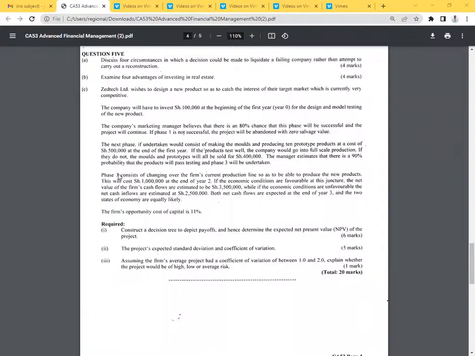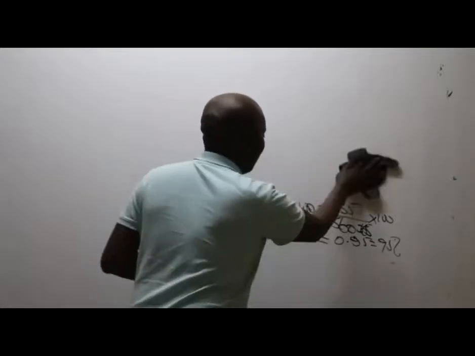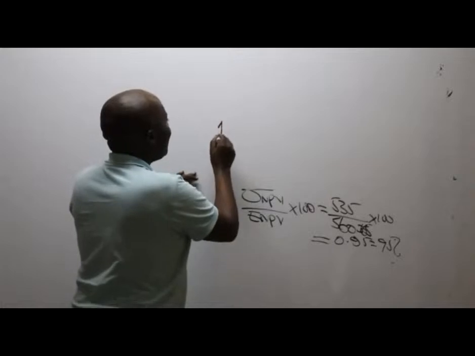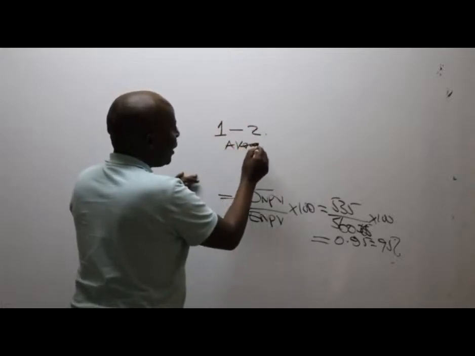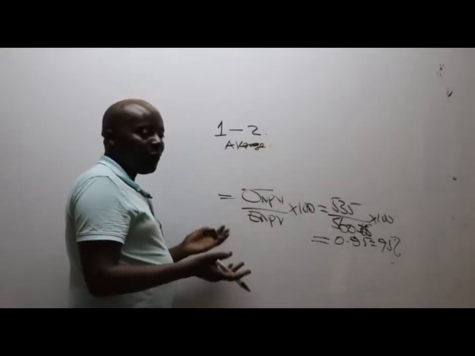Ah, great. Now, ladies and gentlemen, remember here they are giving us the average CV. They're telling us that if the CV falls in between here, then we talk of a medium risk. The risk will be average.